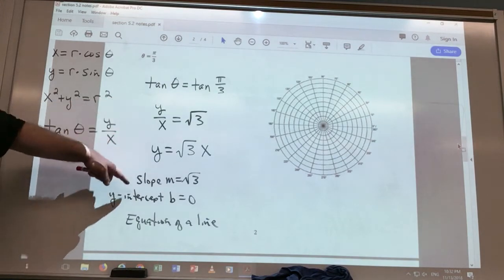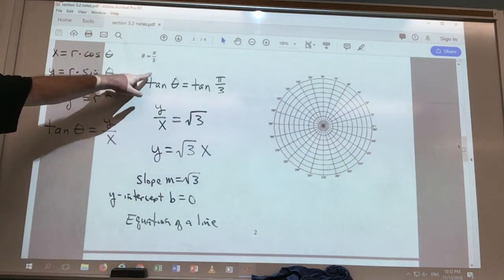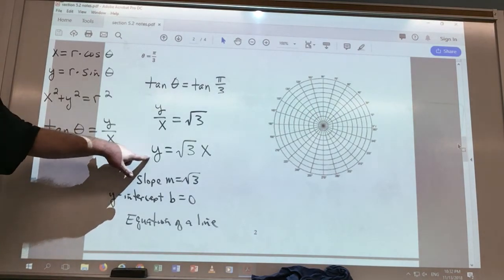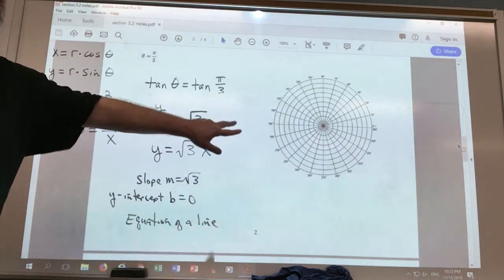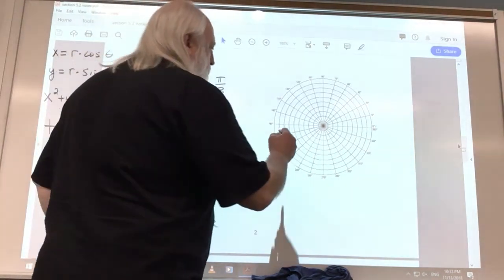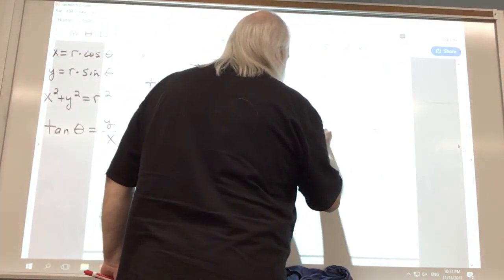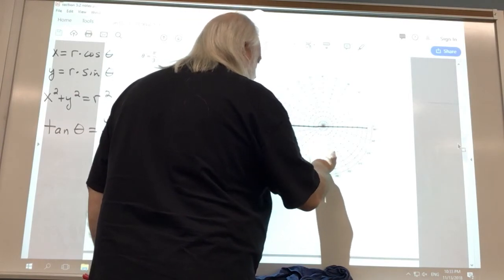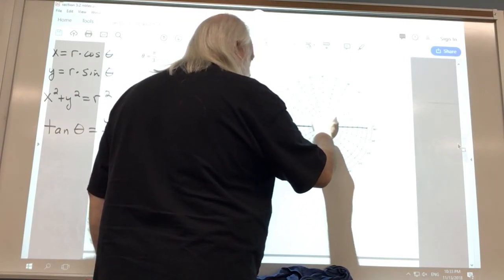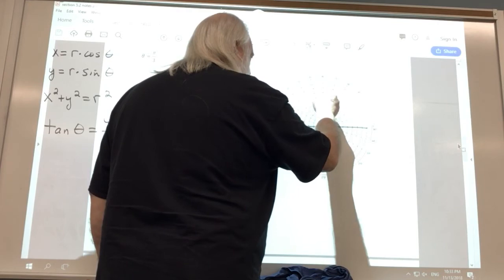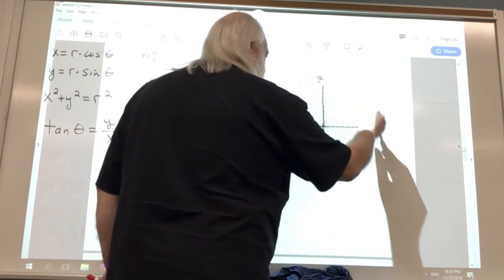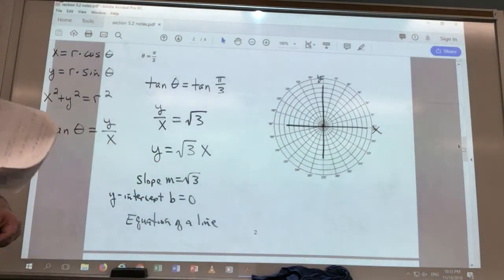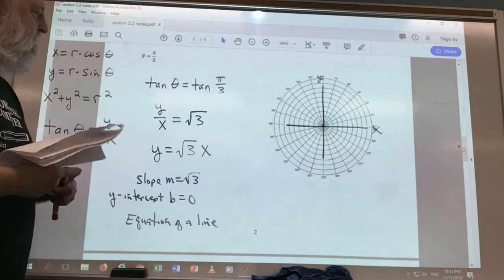So to graph theta equals pi over 3, right? We graph y equals square root of 3 x in the coordinate plane superimposed on the polar grid. So here's my x-axis. Here's my y-axis. And now I graph the line y equals square root of 3 x, right?